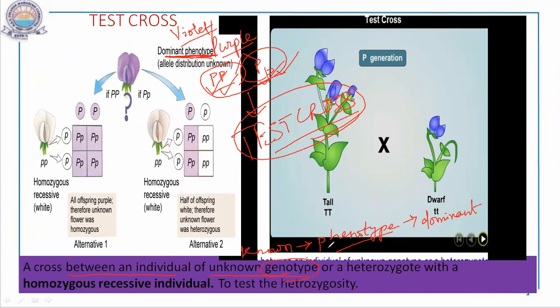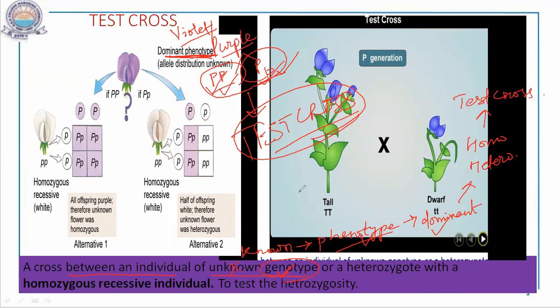So for this, because the genotype is unknown, I have to confirm the genotype. Already I know the phenotype which is dominant, but in dominant I have two cases. One is homozygous and another is heterozygous. So to confirm which should be the correct genotype, I have to do the test cross.